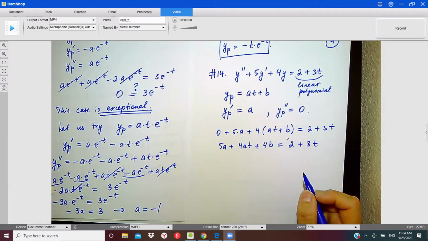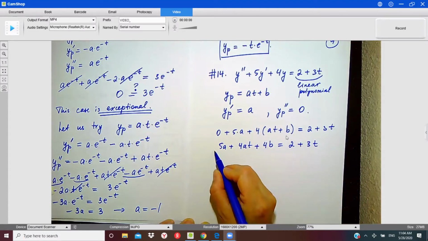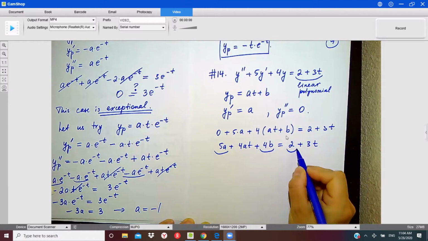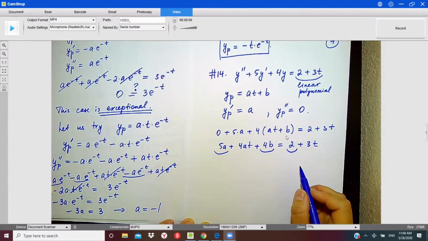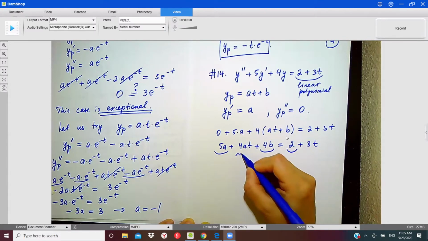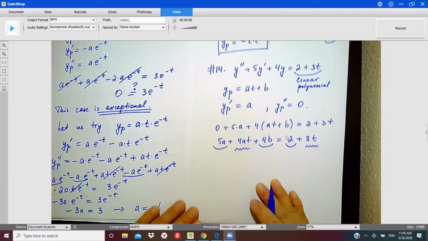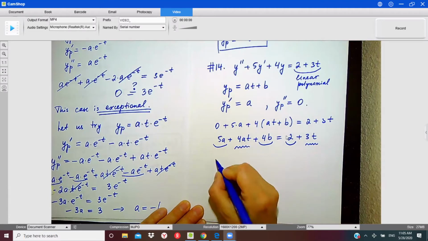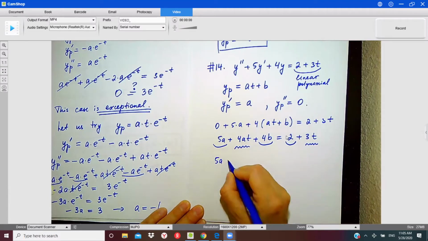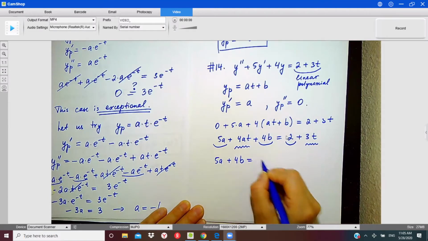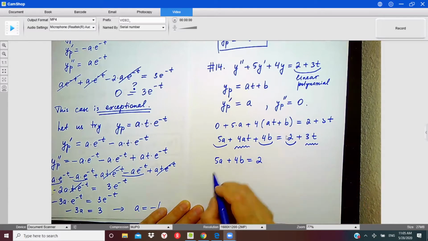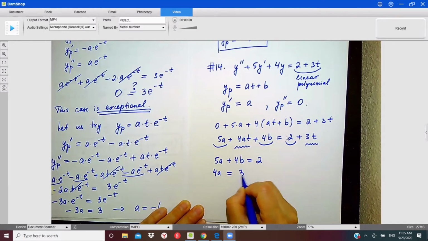So we're going to consider all constants on the left and right, and also all terms that involve t. So the first equation will be 5a plus 4b equals 2. And the second equation will be 4a equals 3.